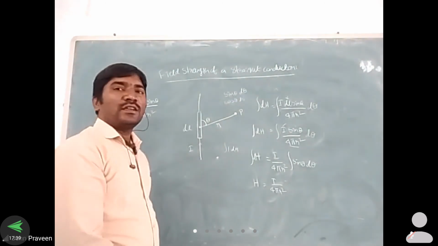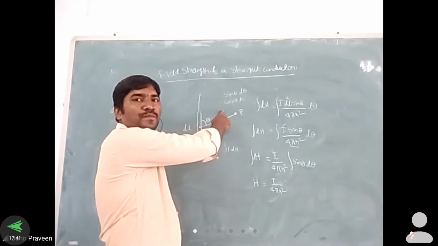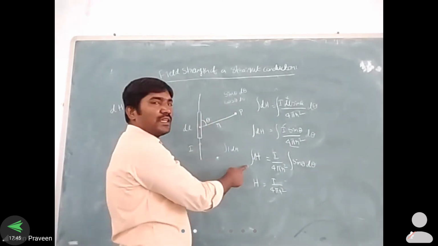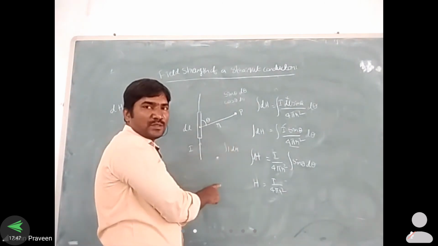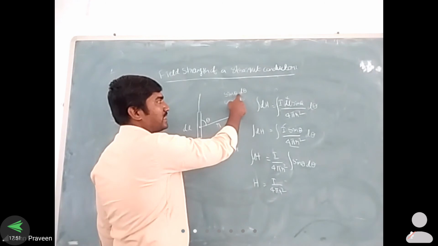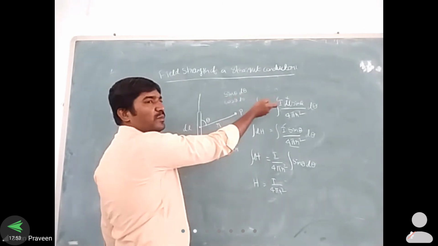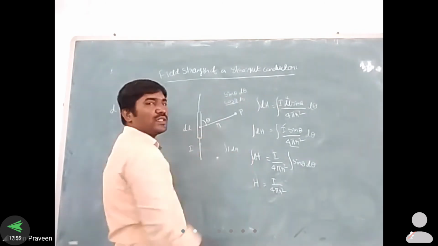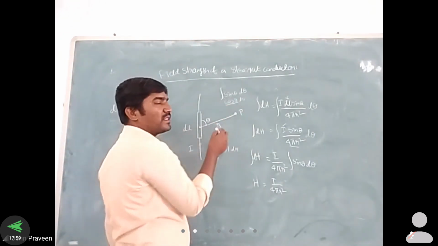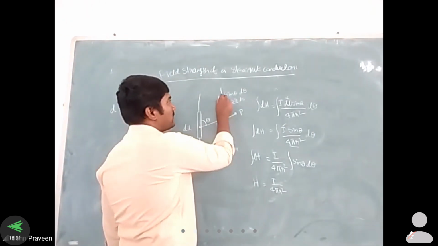Integration is nothing but, here there is no limit. In case of differentiation there is no limit, but in case of integration there is a limit present. For example, for sin theta d theta, there is no limit in differentiation, directly we get cos theta. But if we are applying the integral, we have a limit, for example 0 to pi.